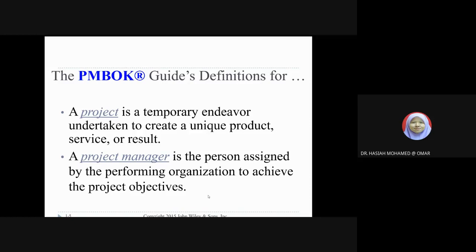Okay, the second objective, to design and develop a system. At the end, you should be able to design and develop a system as you mentioned before. If you are able to design and develop the system, then you can achieve the objective.